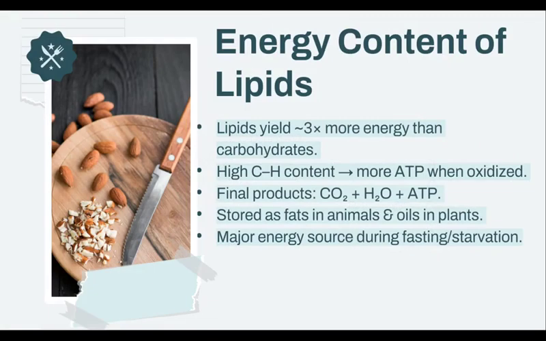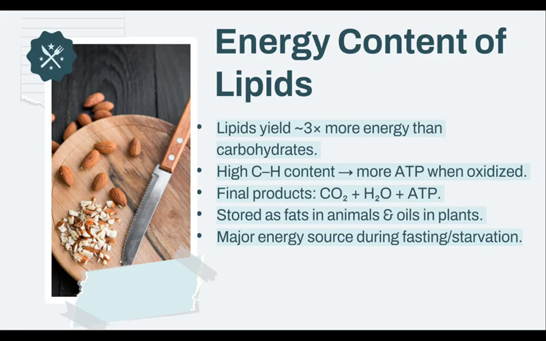Energy content of lipids. As we talked about previously, lipids yield about 3 times more energy than carbohydrates, and they have a high carbon-hydrogen content. So lipids release more ATP when oxidized, and the final products are carbon dioxide, H2O and ATP.